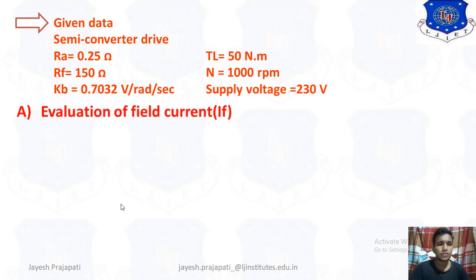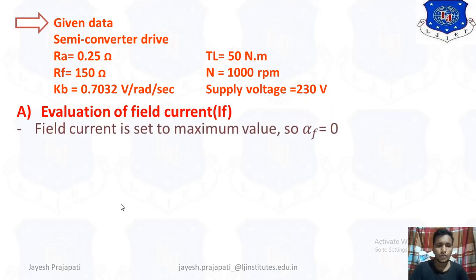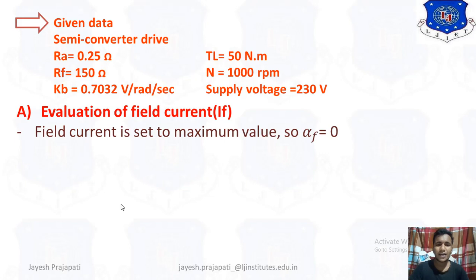Now first, evaluation of field current IF. We know that the field current is set to maximum value, so alpha F is equal to 0.